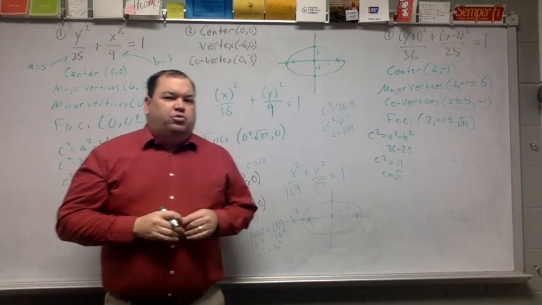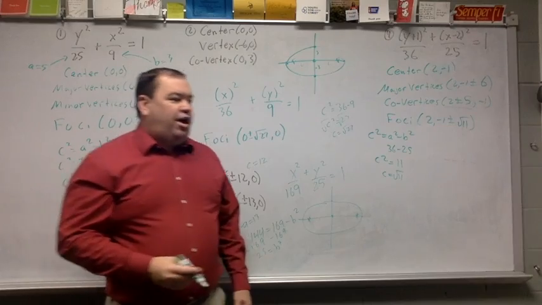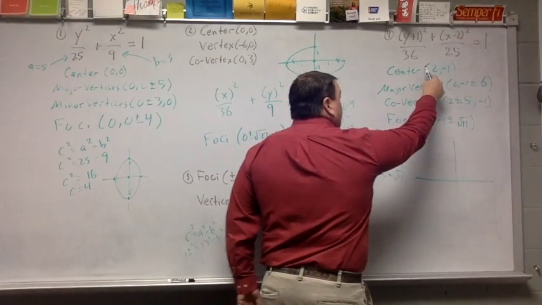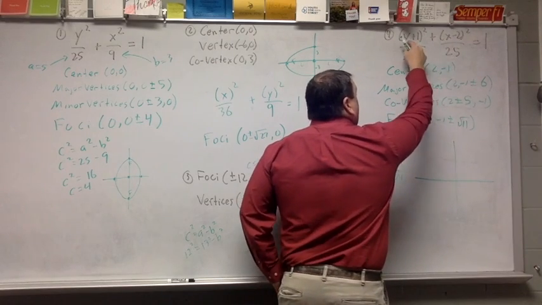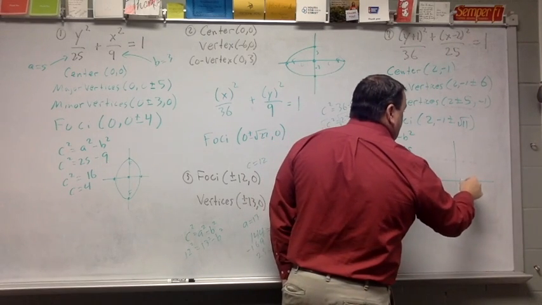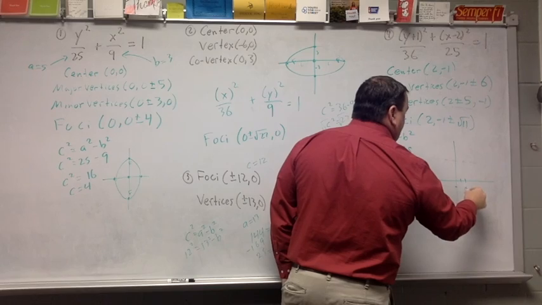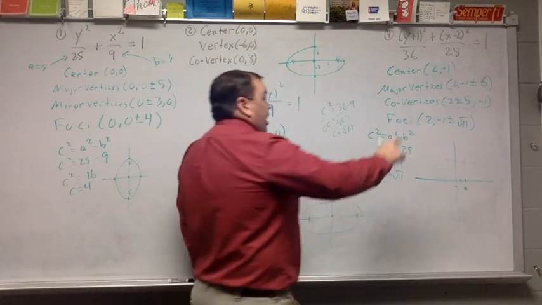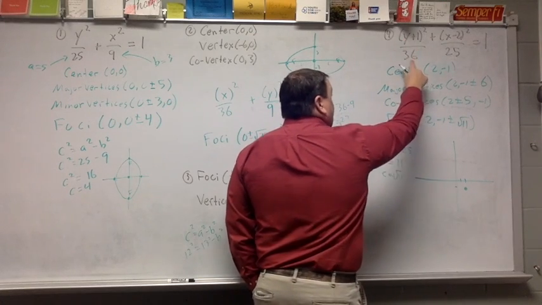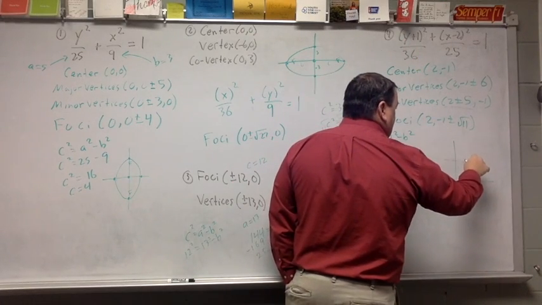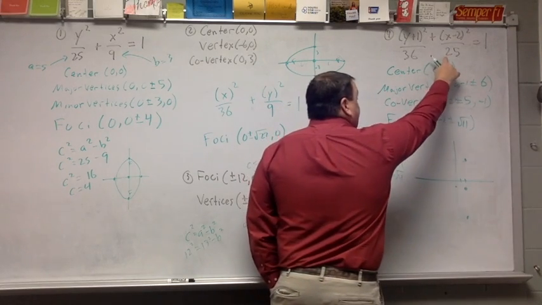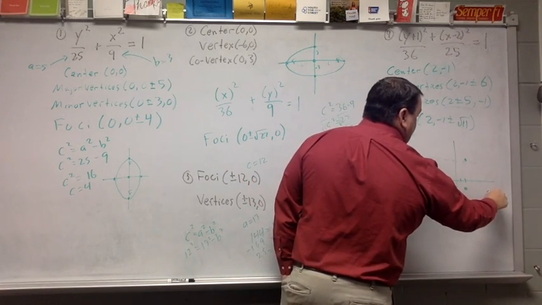If I'm more of a visual, I probably want to see this graph. So we are centered at 2, -1. I pulled those numbers out of there. 2, -1. There's my center. From there, I'm going to go up and down 6. And I'm going to go left and right 5.